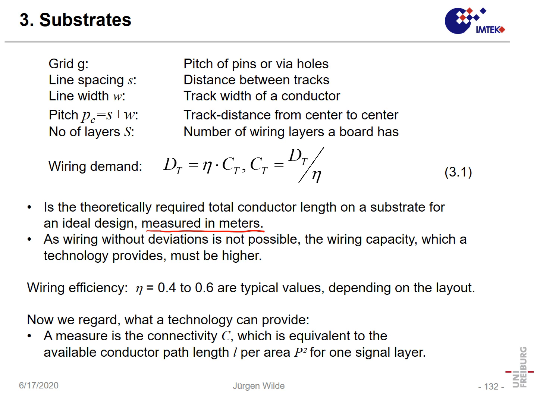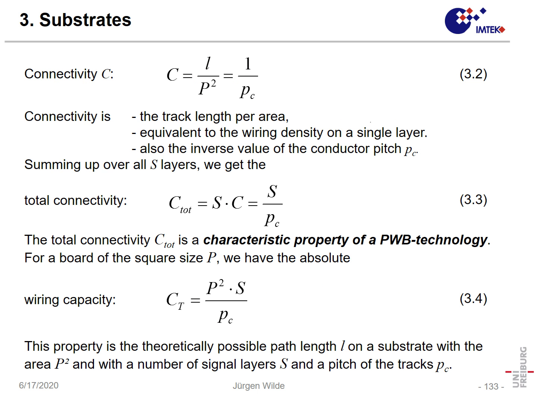Okay. When we regard a certain piece of printed wiring board, and we could say we regard a certain area which is p², and on that p² we need a certain conductor path length.